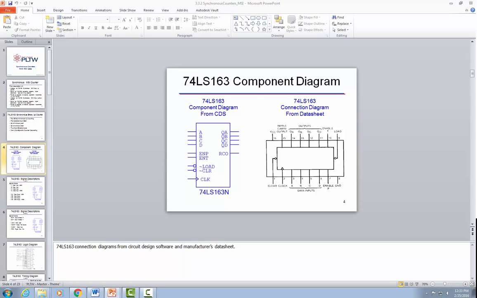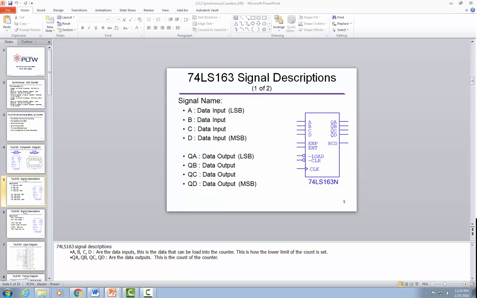What load is going to do is take whatever's set up here on the left-hand ABCD and load it into the circuit. Clear is going to work just like clear before, so clear is going to reset to 0, even if you have something waiting on your ABCD. So we have a little bit of options there.